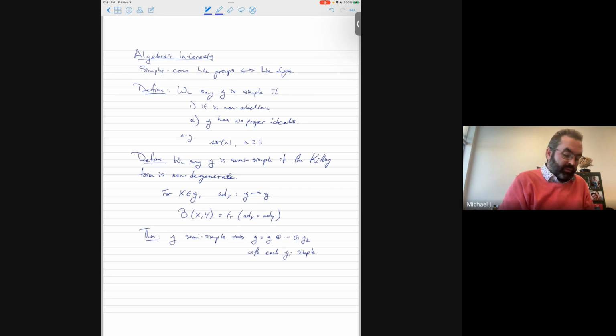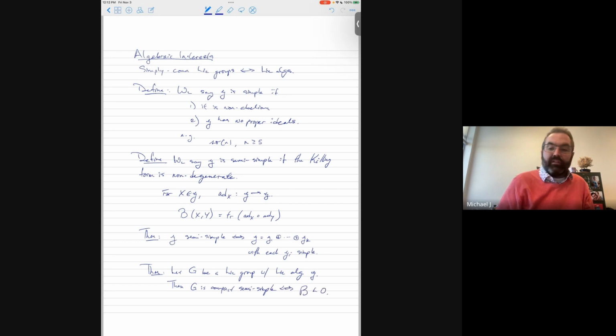And then there's another well-known theorem. So let G be a Lie group with Lie algebra G. Then G is compact semi-simple if and only if the Killing form is negative definite.